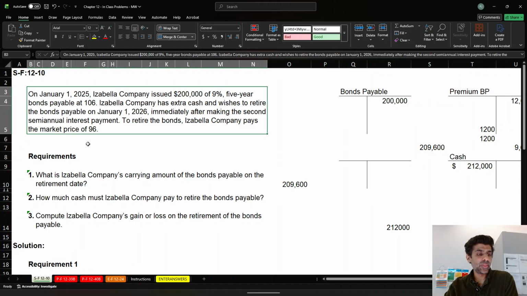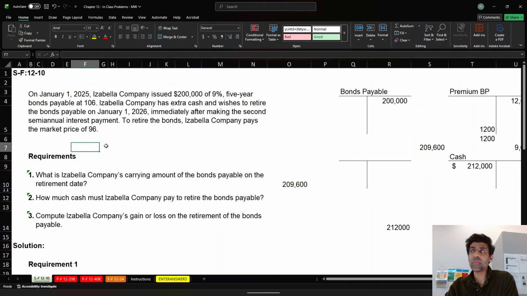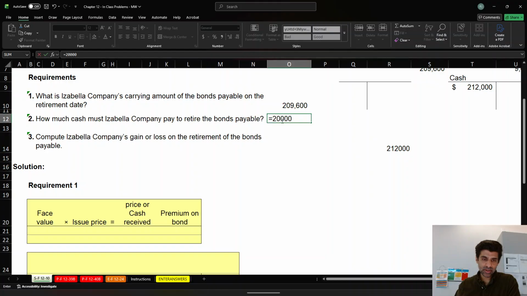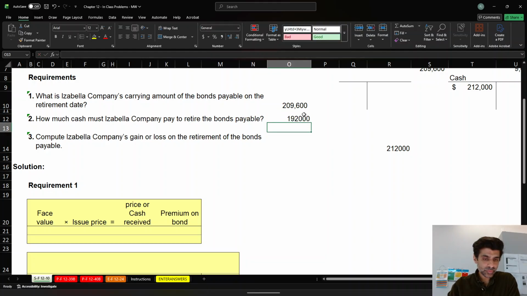What is the basis upon which this 96 is calculated? Is it this 209,600 times 96? No, it's the par value, right? So the answer is simply 200,000, which is the face value, times 0.96, 192,000.